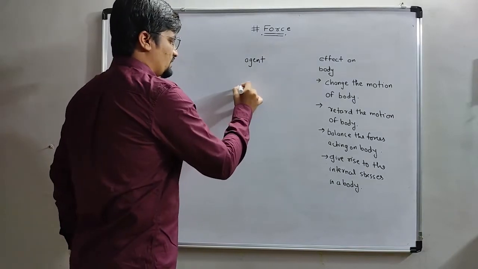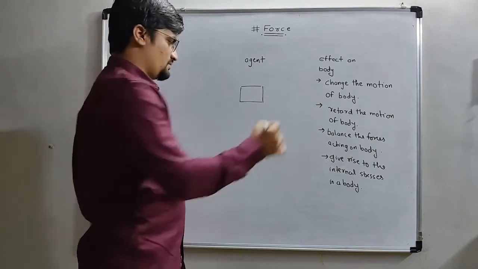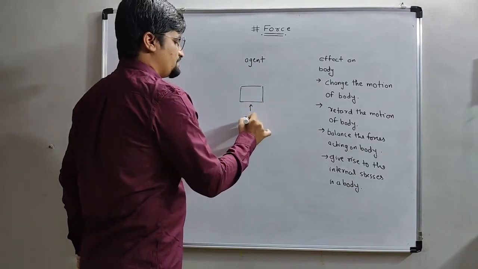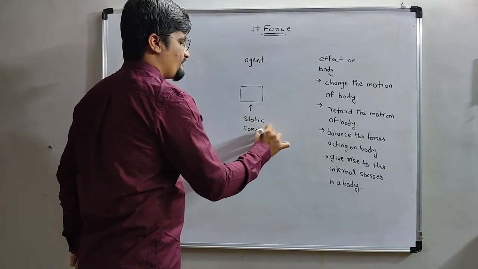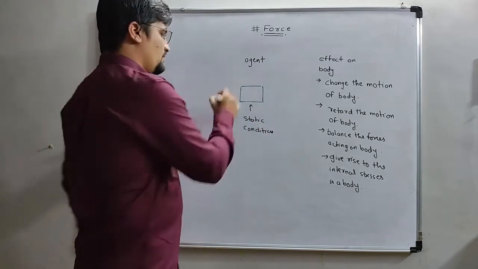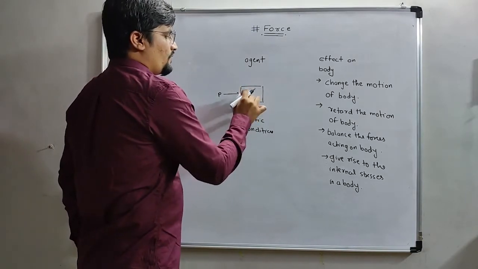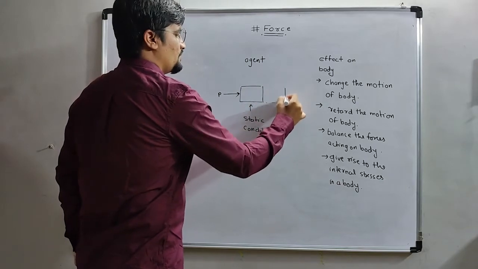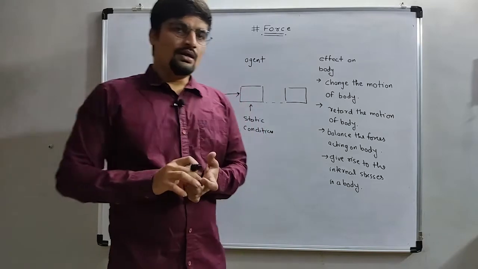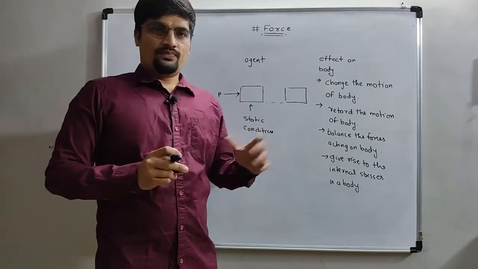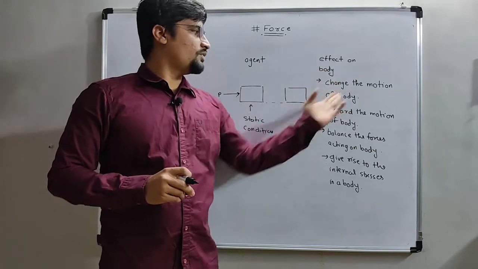One figure I can show is one element which is in static condition. I will apply force from here, so the body will move from here to here because of the force. So what are the effects of force on the body? First, it changes the motion of the body.